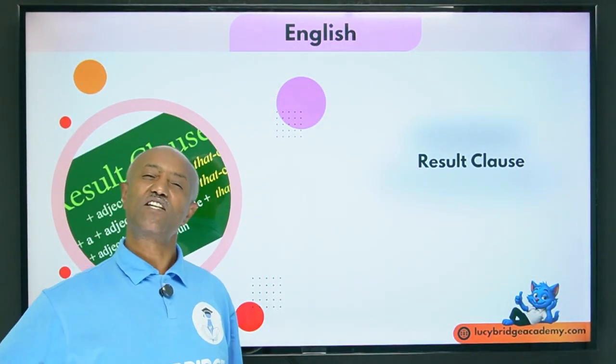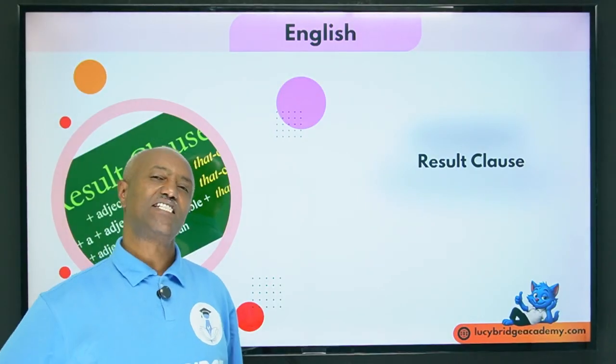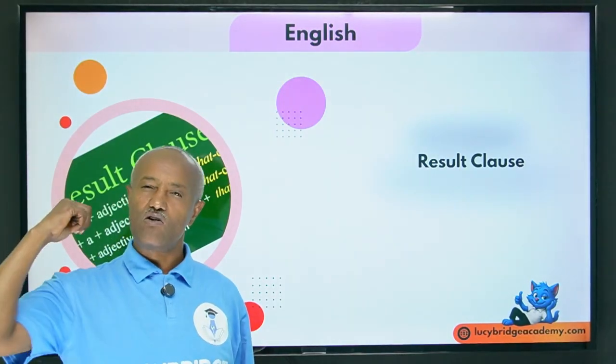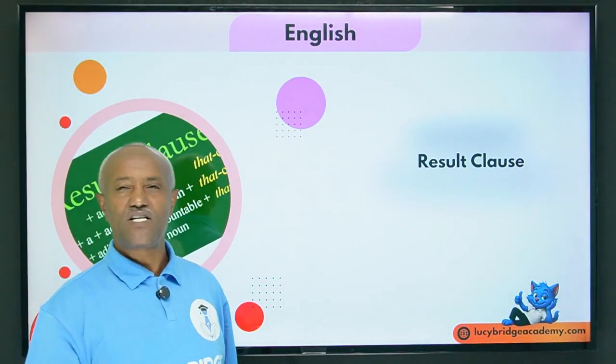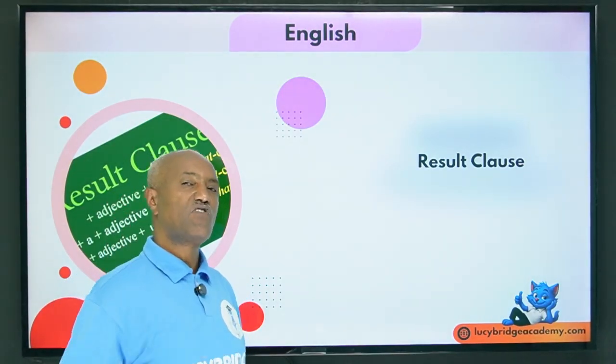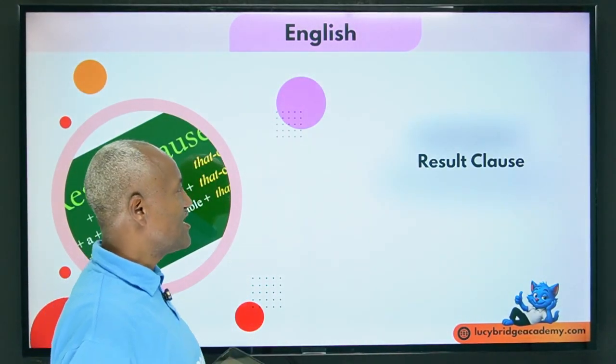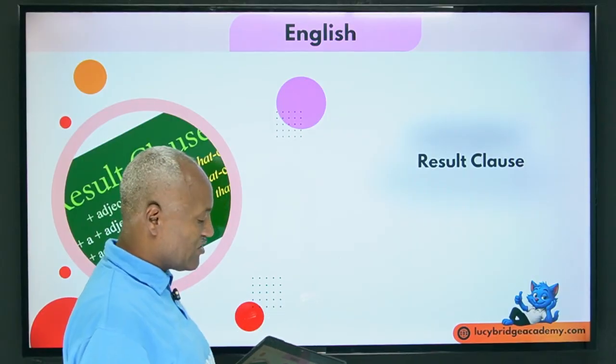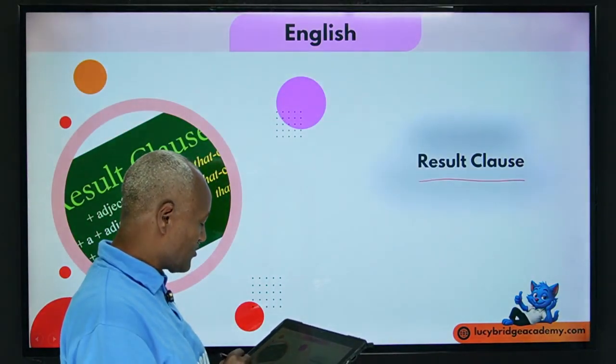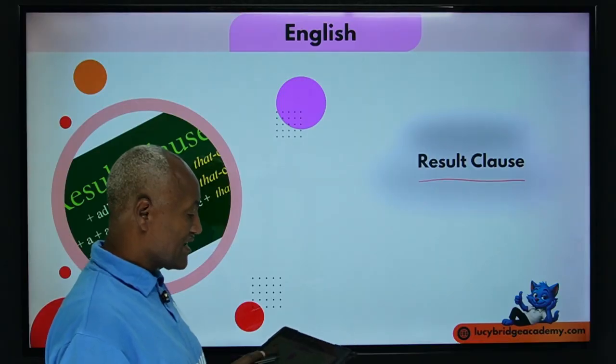Some of them help us when we state result, or reason, or purpose. The purpose we saw before this lesson. Today we see about this result clause. This is what you have to remember: a result clause.